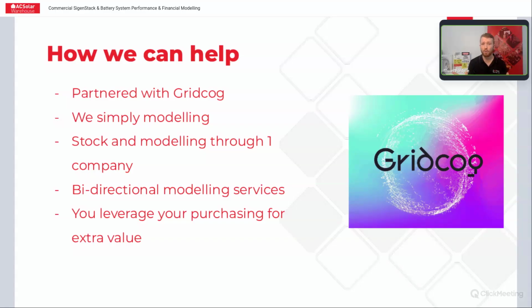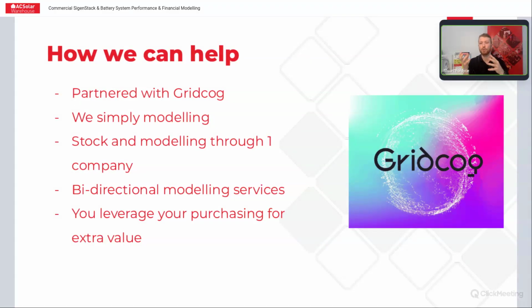Now, there's a few benefits of what we can do here. One is that when you deal with AC Solar Warehouse, now you can go to GridCog and you can do all the modeling yourself, but you have to get someone who's trained up in your business, who knows how to use the software. You've got to pay licensing and or subscriptions for it. One of the benefits is that you get to just deal with one company when you're procuring your stock, as well as doing your performance modeling for your project.